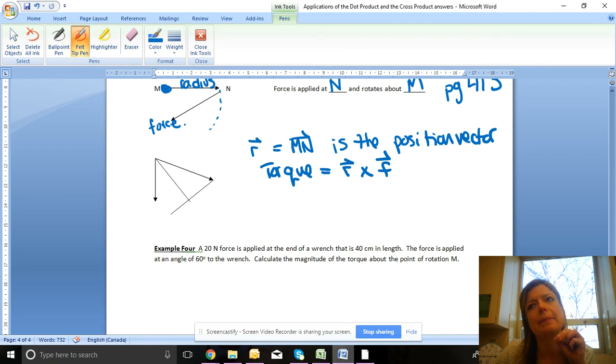So imagine driving the bolt down into a piece of wood or something like that.